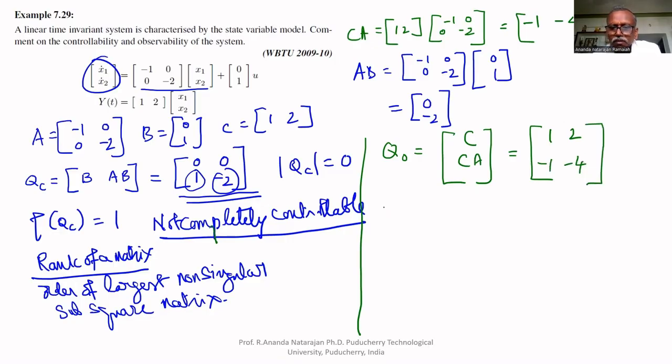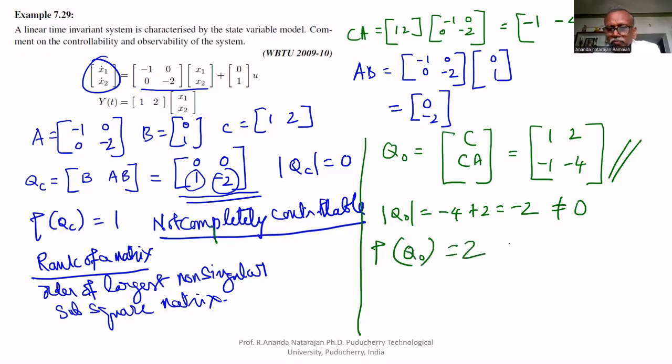The determinant of Q naught equals minus 4 plus 2, which equals minus 2. Not equal to 0. Therefore, the largest non-singular sub-square matrix is 2 by 2. Therefore, rank of Q naught equals 2, that is equal to n.